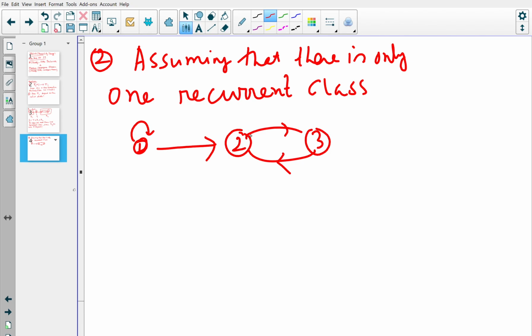That means if you start with 2, at every odd time you will land in 3, and at every even time you land in 2. So you want to know what is p_n2. Here n is the time, and you want to know whether it will be stationary, or whether the limit will always be 2.